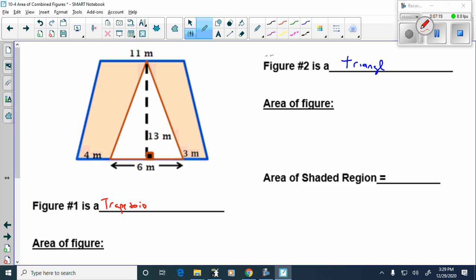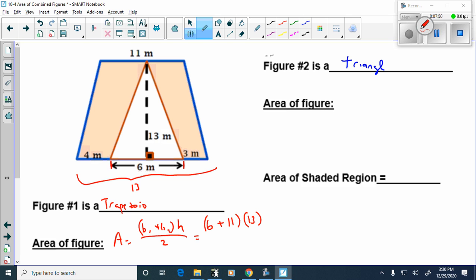So figure 1 is base 1 plus base 2 times the height divided by 2. So it's 6 plus 11 times the height, which is 13. Oh, that's not 6 and 11. Hang on. Check me here. This distance is 6. So I need this whole distance. 6, 7, 8, 9, 10, 11, 12, 13.